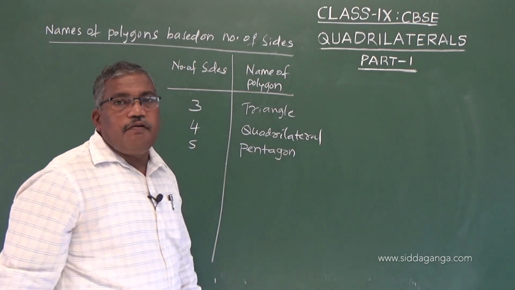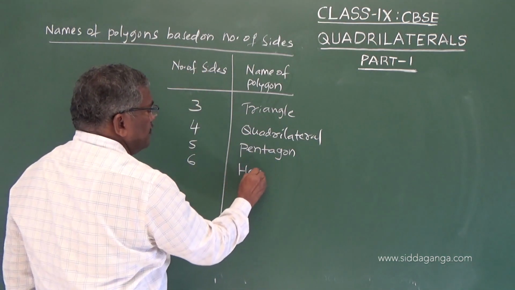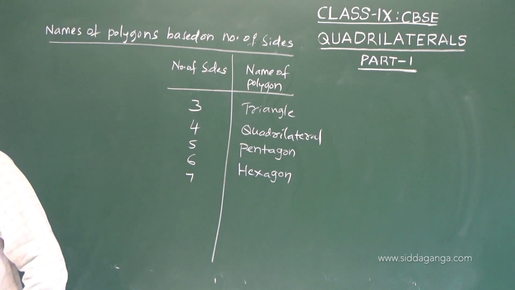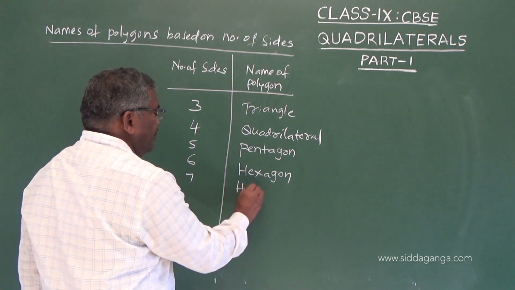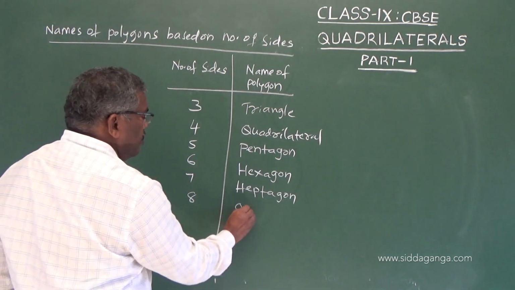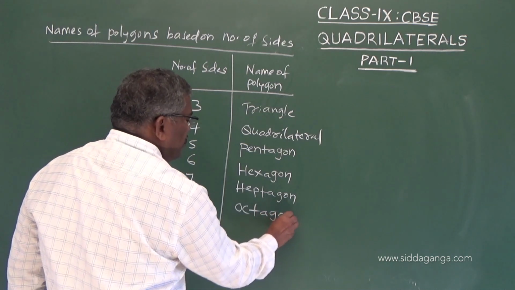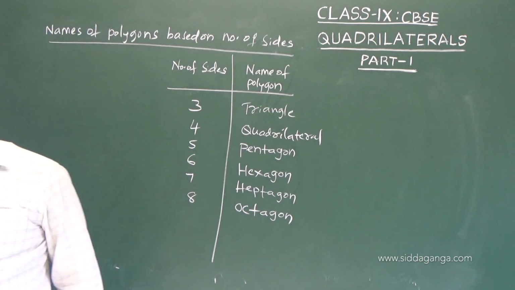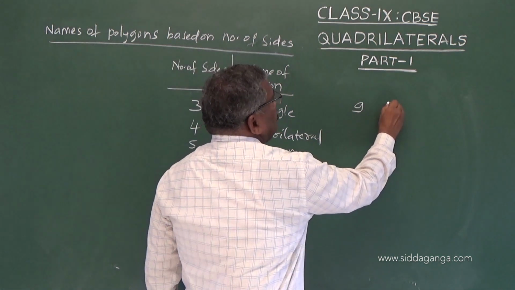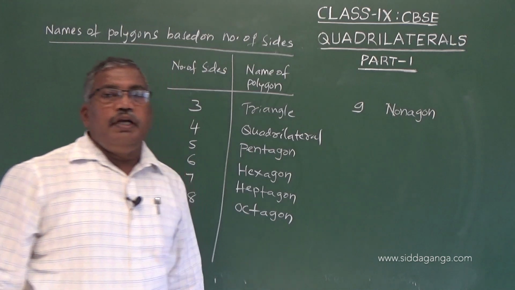Gon means side, penta means 5. 6 sides, hexagon. 7, heptagon. 8, octagon. 9 sides, nonagon.